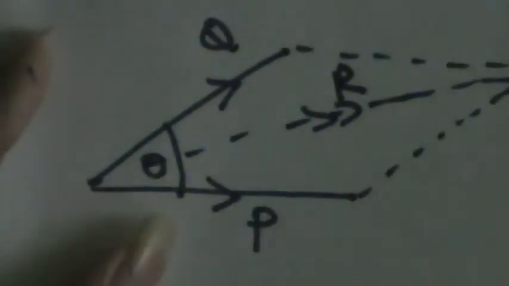So we found R squared is equal to P squared plus Q squared plus 2 times P times Q times cos theta.